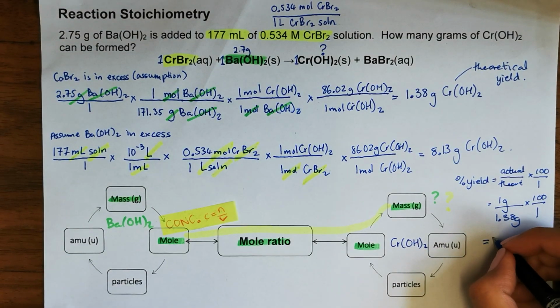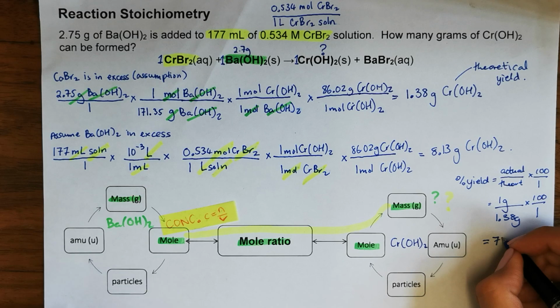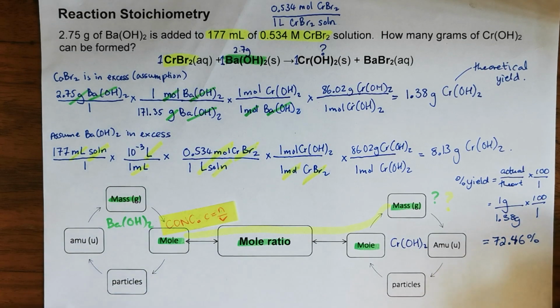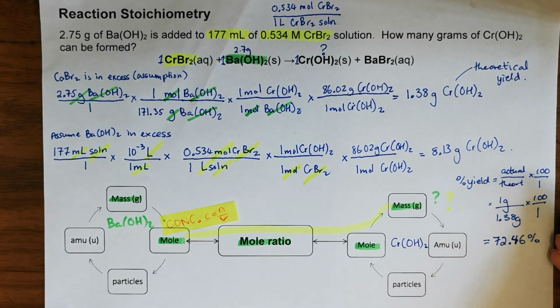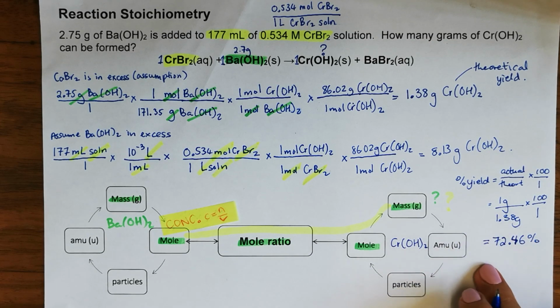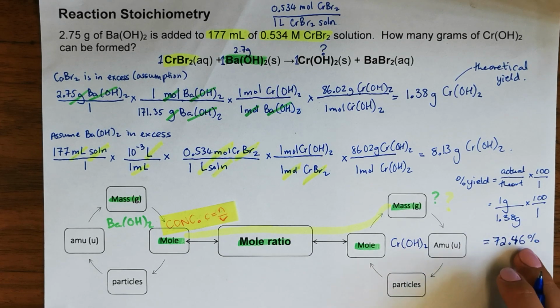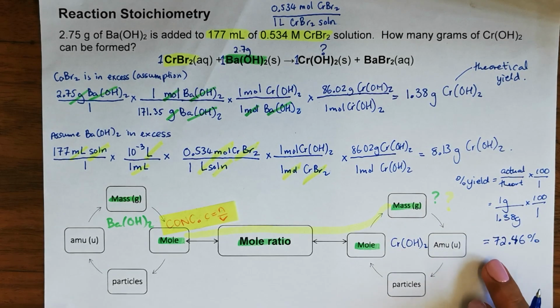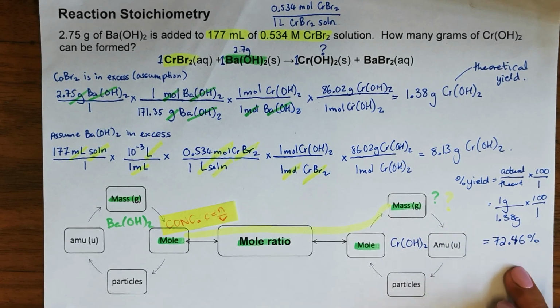And remember, we often keep percentages to 2 decimal places, 72.46% yield. So in the laboratory, with human error, with loss of product, we do not hit the theoretical yield. In fact, a percentage yield of about 60% is what's expected in most labs.